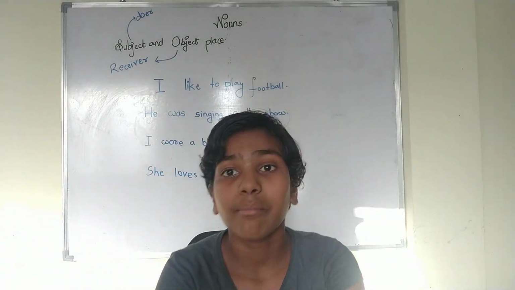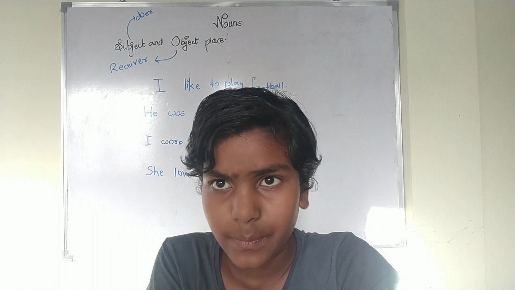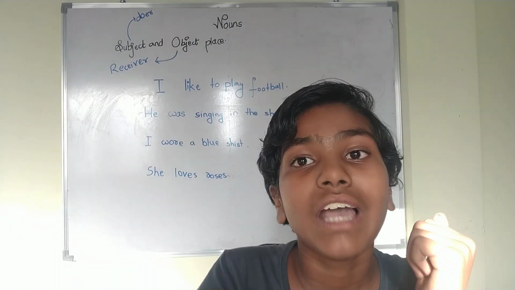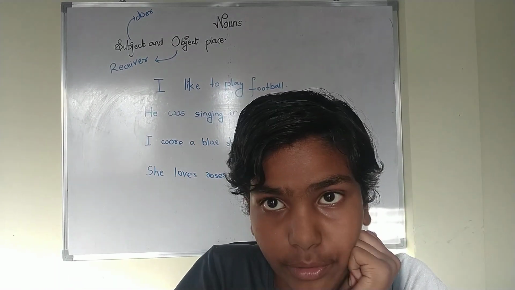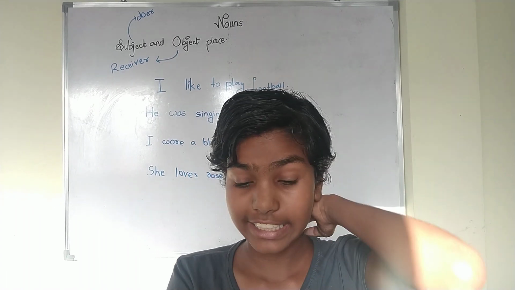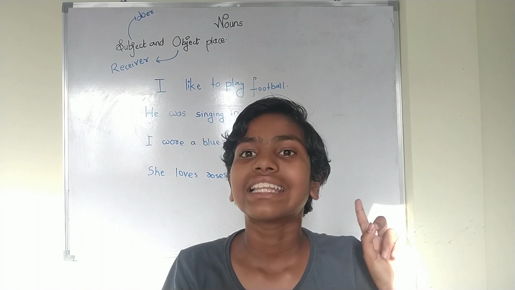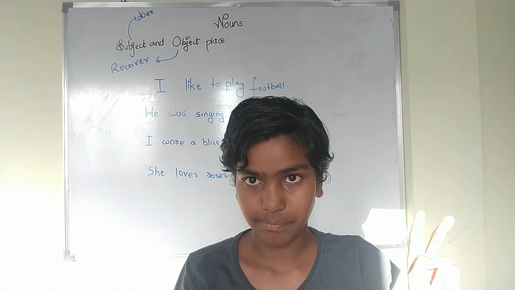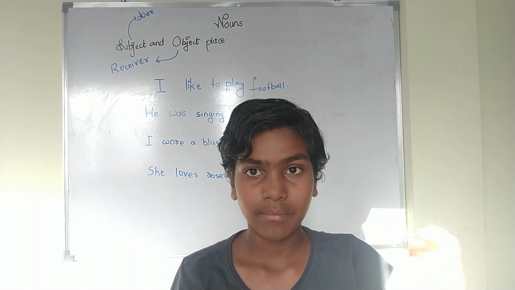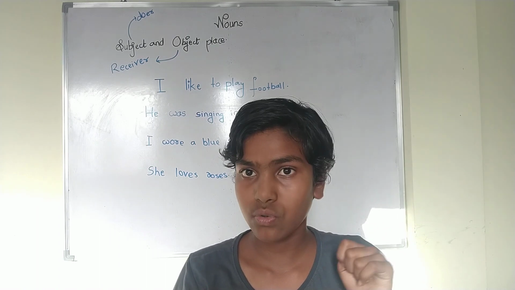So let's learn about subject and object. First sentence: I like to play football. In this sentence, what is the subject? Okay, listen. This is a 2-mark question and it can come in your exam most of the time, so I want you to know these answers.